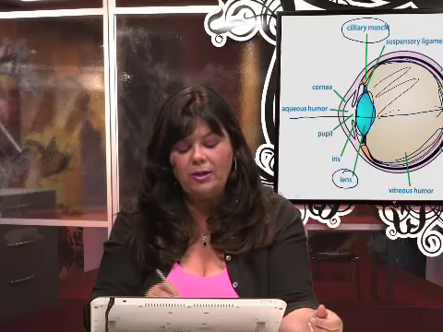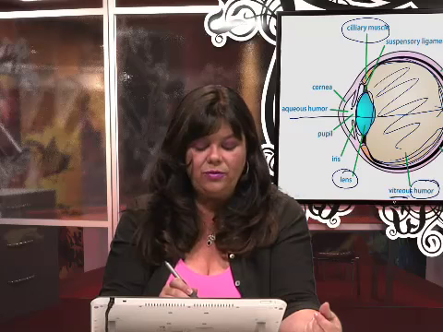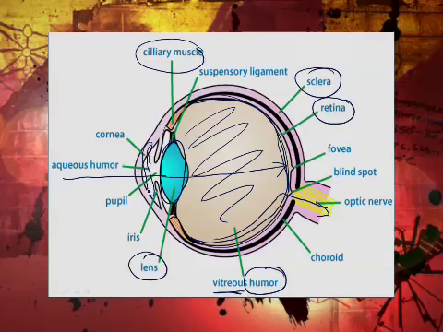The inside of the eyeball is filled with a liquid called vitreous humor. Vitreous means glass-like, and so the humor is liquid. Behind the lens is vitreous or glass-like, but it's a liquid. And then in front of the eye, you also have an aqueous humor, a more liquid version of the vitreous humor.